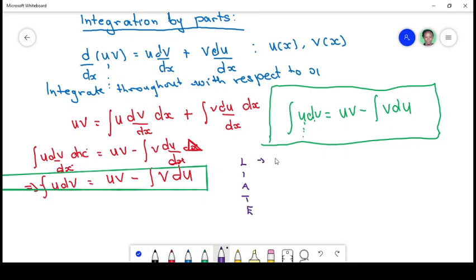So my L is what? Logarithmic functions. My I is inverse trig functions.